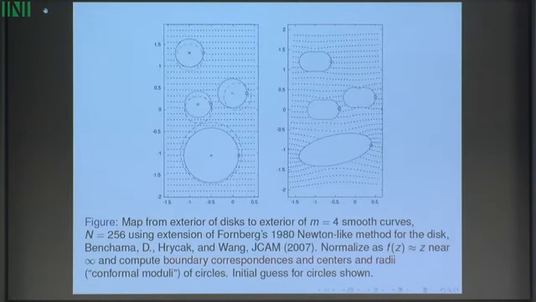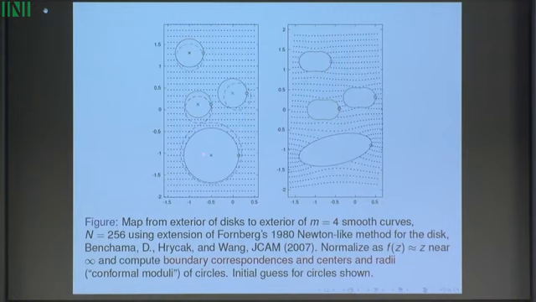Okay, so that was the linear potential theory problem. Now, I'll probably be even more sketchy with the conformal map. This was a method we developed several years ago. What do we want? We're given the target regions here, and we want to compute both the correspondences of the boundaries and the centers and radii of the circles as part of the problem with the Newton-like method.